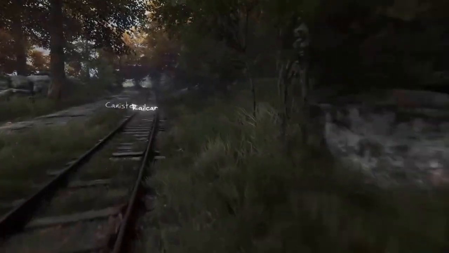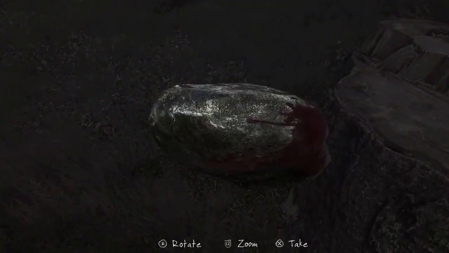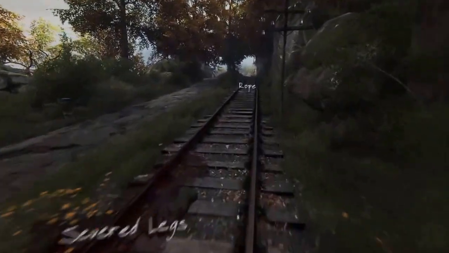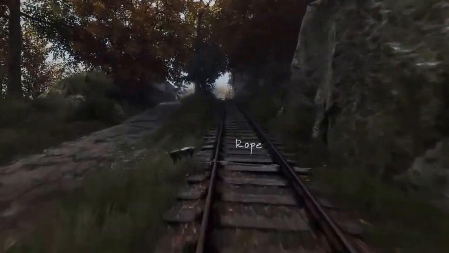So where is a chunk of wood? Let's go on. Where is the big chunk? Here, big chunk, and here is the rock. We have the rock. So I mean, this is the mechanic of the game.